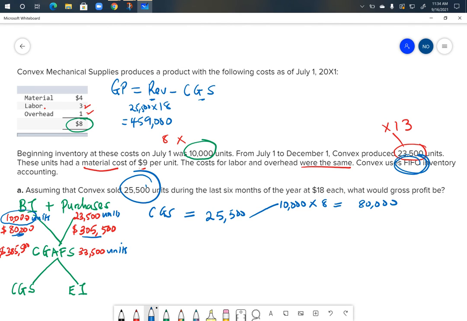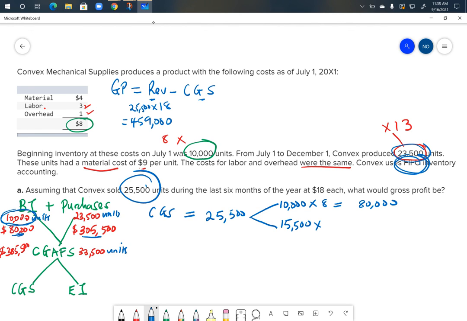Then we sold 25,500, of which 10,000 came from the beginning inventory. It means the remaining 15,500 units came from the additional purchases. What is the cost of the purchases?